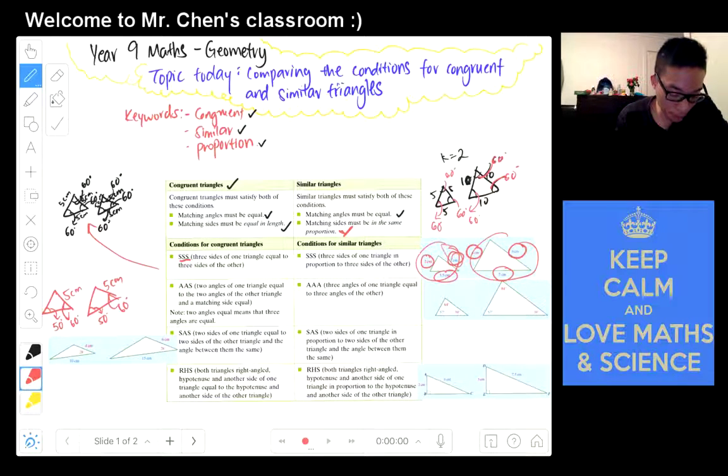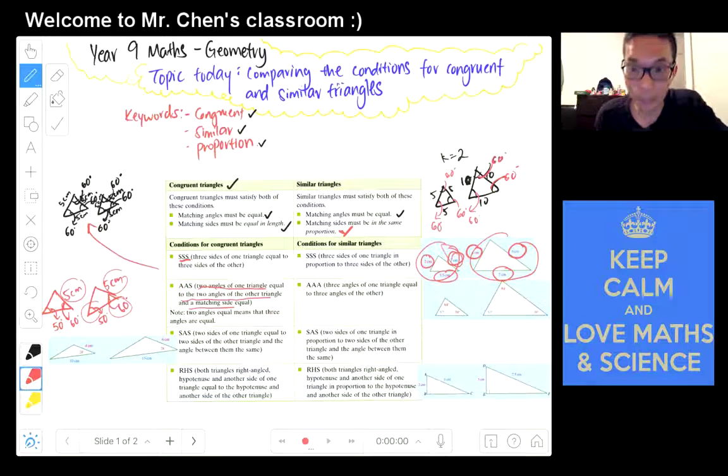Angle means angle, and then after that go with another angle, and then go with a side. Okay, angle angle side. They have to match the other one. Look at it, it is matching. So 2 angles of one triangle equal to 2 angles of another triangle, and a matching side equal. That's what it means.